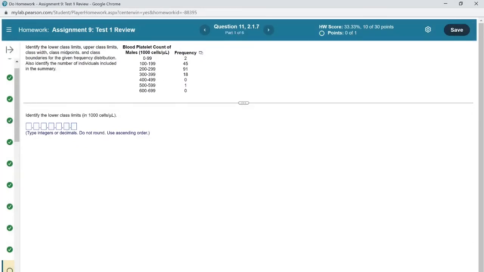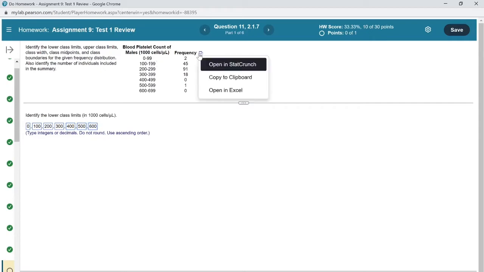This is our frequency table, and we identify the lower class limits. In this frequency table, the lower class limits are 0, 100, 200, 300, 400, 500, 600. That's what they are asking us. If you look at this interval, you can see the lower class limits from the left value.